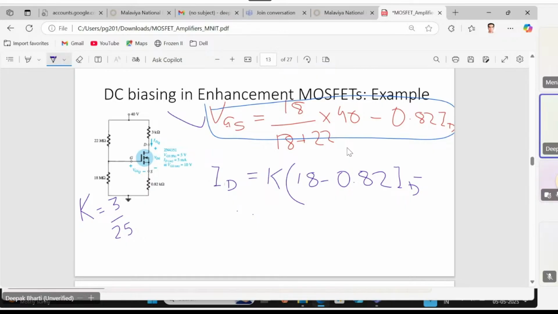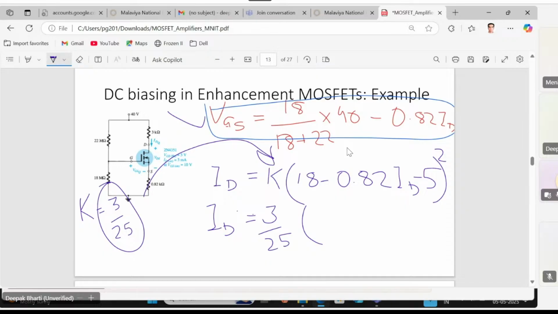How much is VT? VT is 5 volt. This value of K we already know, 3 by 25. So if you use this K and open this, ID is equal to 3 by 25 into 18 minus 5, that is 13, minus 0.82 ID, whole square.